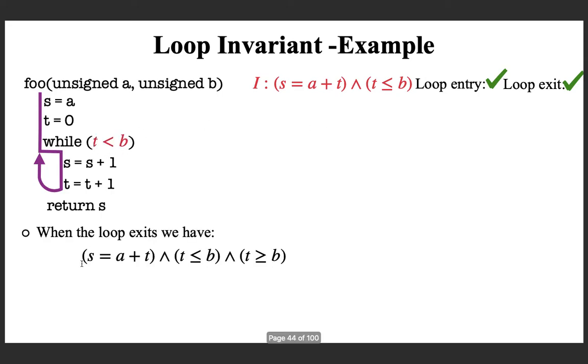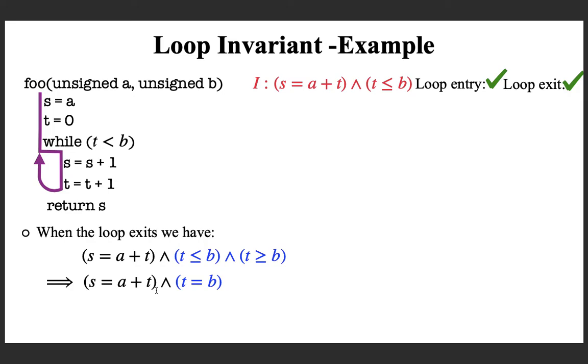So what is it? The loop invariant is this, and the negation of this condition is T greater than or equal to B. And if you look at this equation, T less than or equal to B and T greater than or equal to B means T is nothing but B. That is the only values of T and B for which these two must be correct.